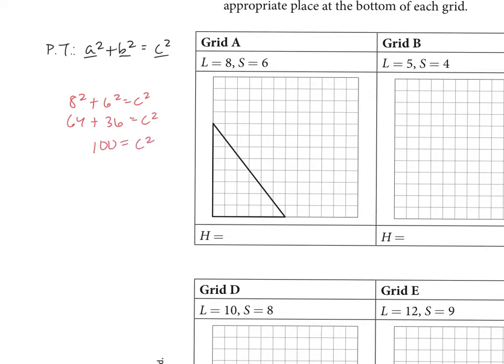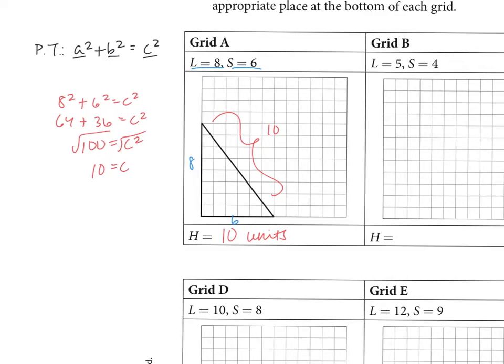That gives us 100 equals c squared. When we take the square root, we get 10 equal to c. So this length right here is 10 units. And like the other ones, if you want to go ahead and label them, this is a length of 8, this is a length of 6. This nicely shows one of our examples of a Pythagorean triple, having 8, 6, and 10.